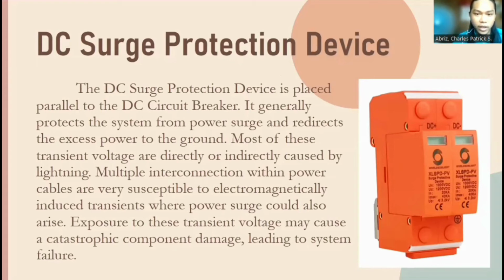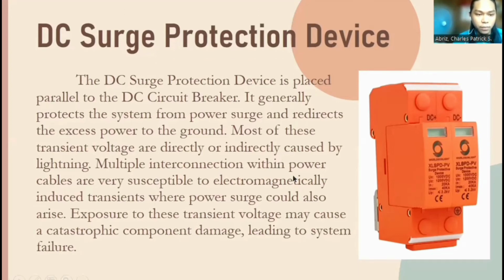Most of these transient voltages are directly or indirectly caused by lightning. Being high up and exposed to the environment, a grid-tied system is no different from a lightning rod. This makes it vulnerable to lightning, though the surge protection device can only protect the system from indirect lightning strikes. Multiple interconnections within power cables are very susceptible to electromagnetically induced transients, where power surge could also arise.